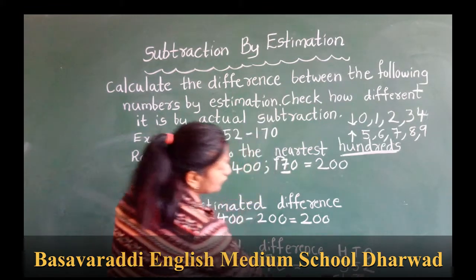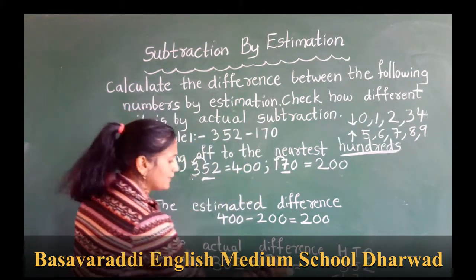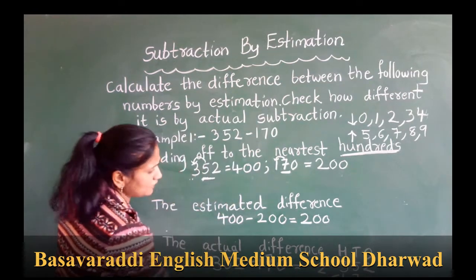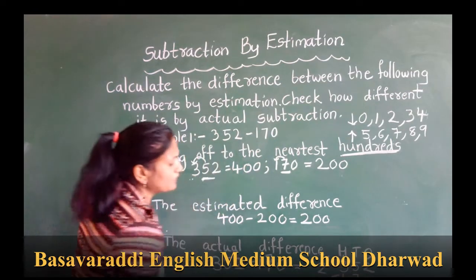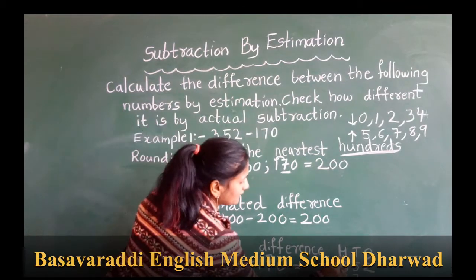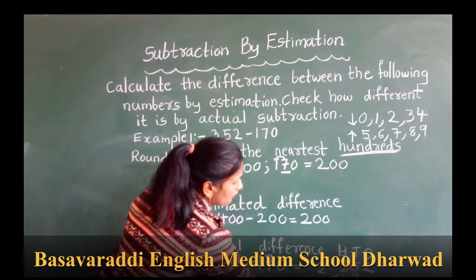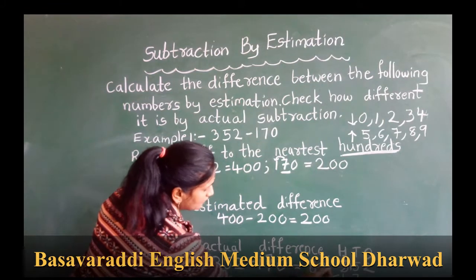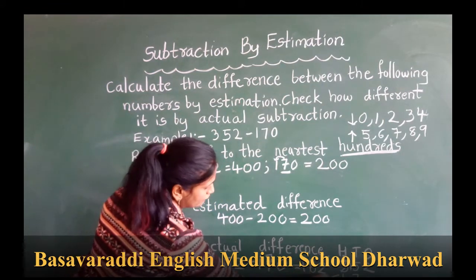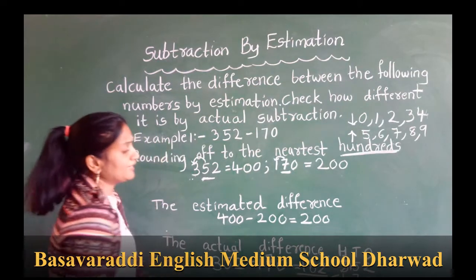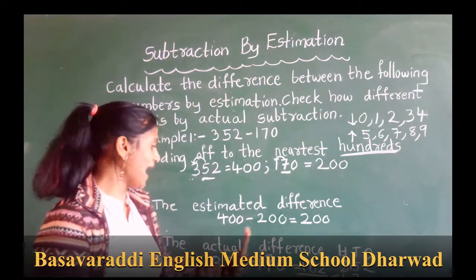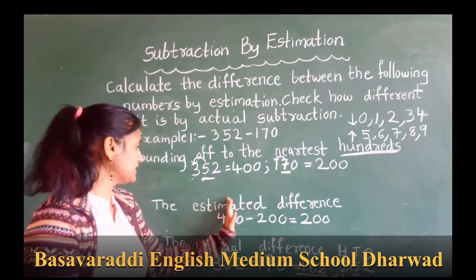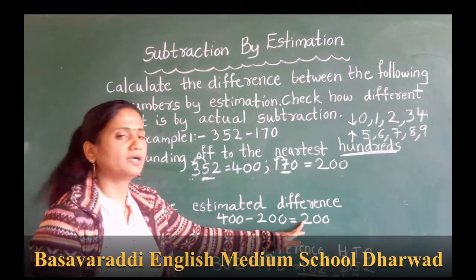So you can subtract this. 2 minus 0 is 2, and 5 is there, so you are borrowing from here. So here it is a giving, so here is a 1. 15 minus 7 is 8, and 2 minus 1 is 1. So 182 is the actual number. This is the actual difference; the estimate is only 200.